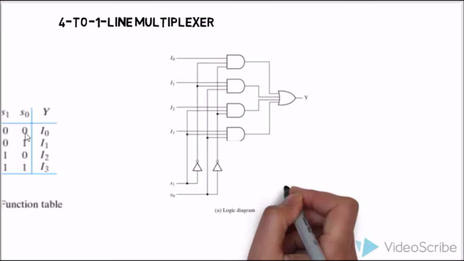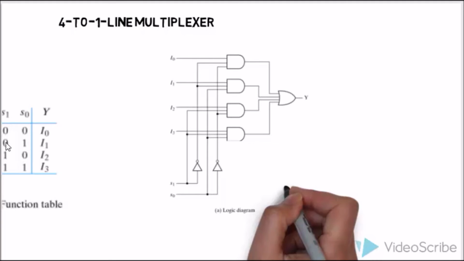So you can see we have S1 and S0. If S1 and S0 are equal to 0, you're going to open this gate for I0.